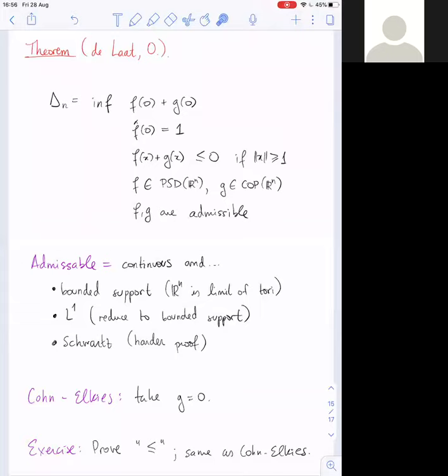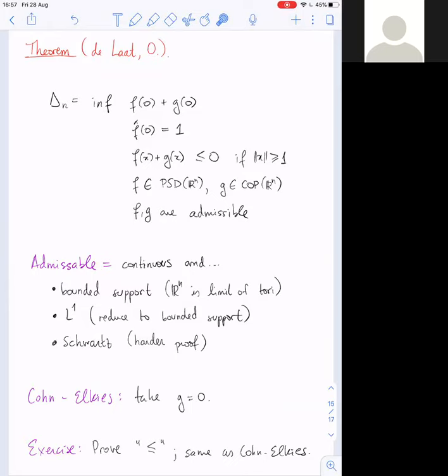So you are trying to compute the infimum of f(0) plus g(0), where f hat of 0 is 1, f(x) plus g(x) is less or equal than 0 if x has norm at least 1, and f is a positive type function, and g is a copositive type function, and they are both admissible. I'm going to say what admissible is. And the theorem says that if you compute this infimum, you get exactly the sphere packing density, which I'm calling delta_n here. I think with this normalization, it's the center density, right?